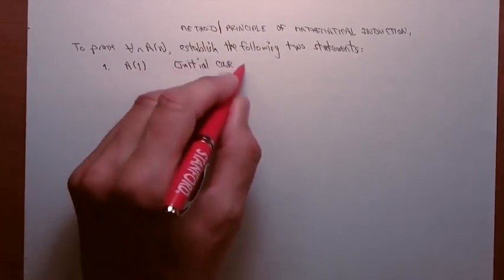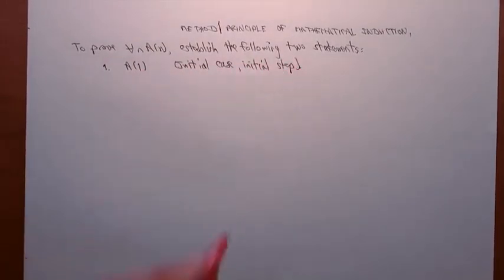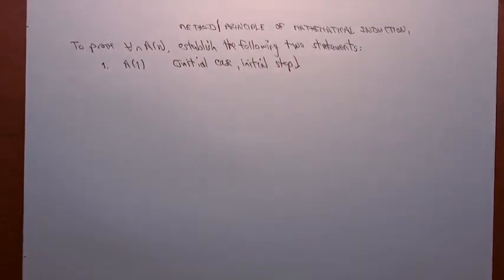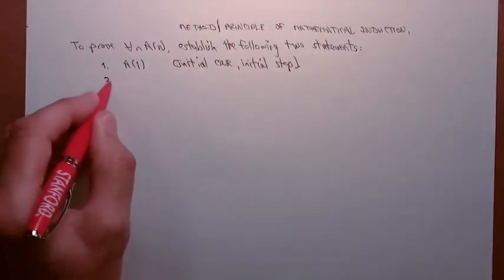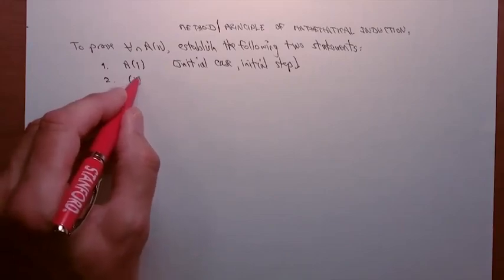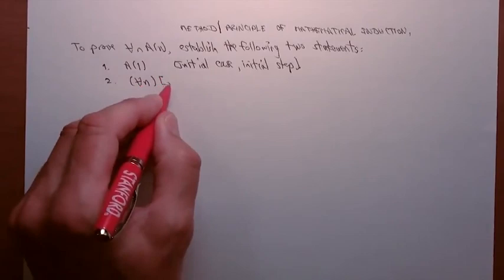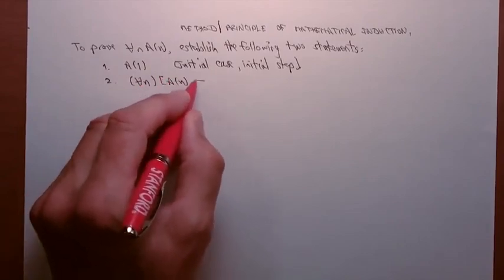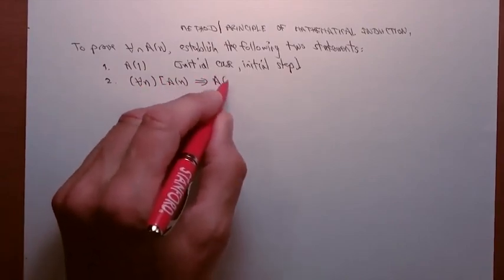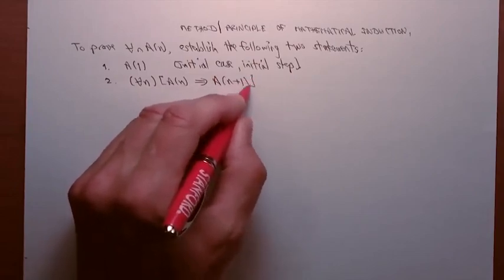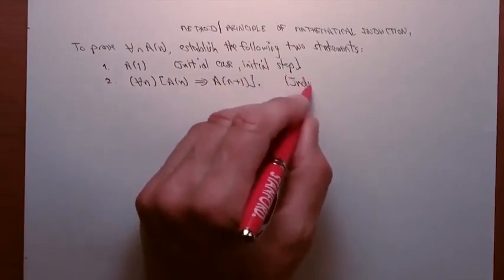That's known as the initial case, or the initial step. 2, prove the following statement. For all natural numbers n, if A of n is true, then A of n plus 1 is true. That's known as the induction step.